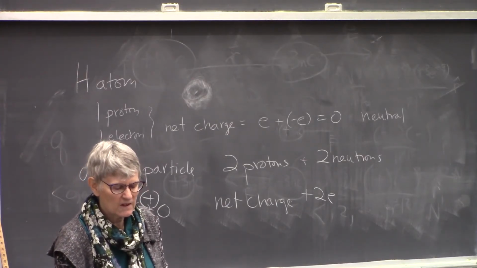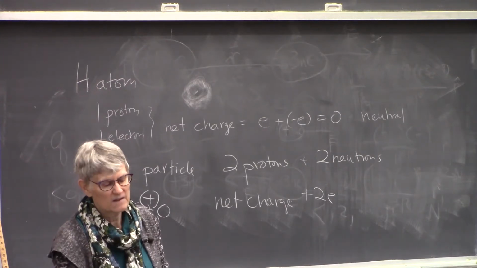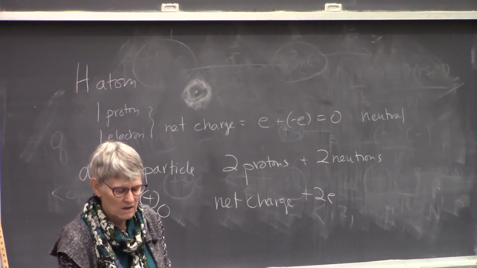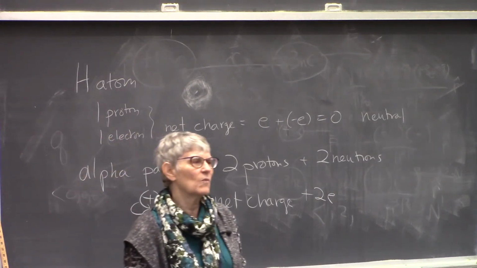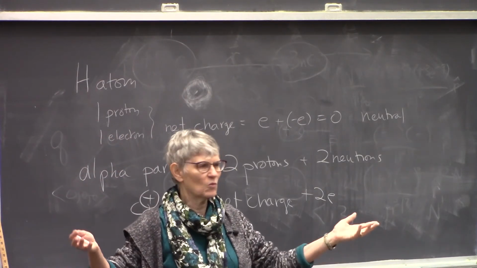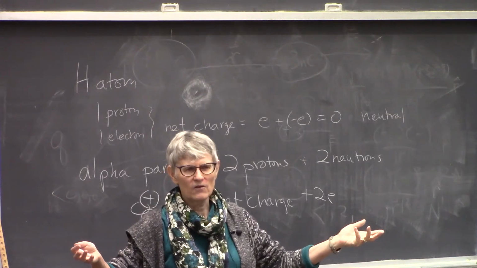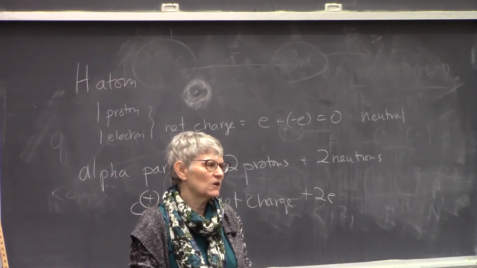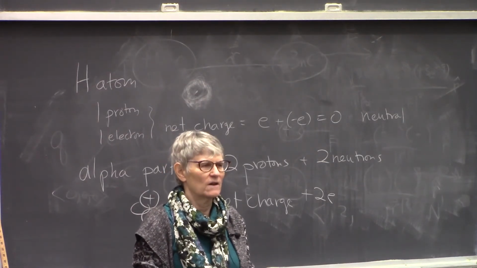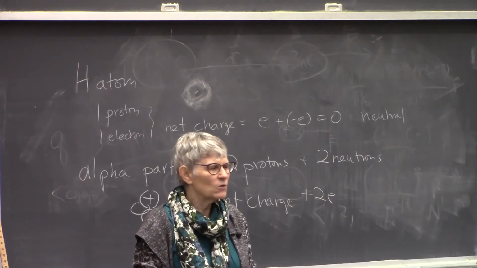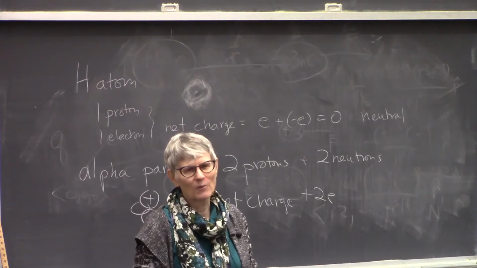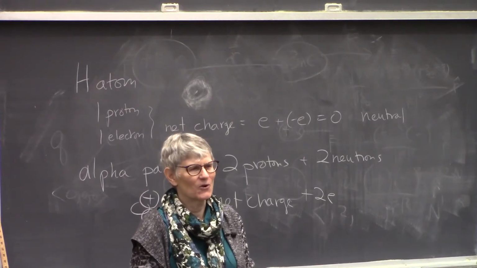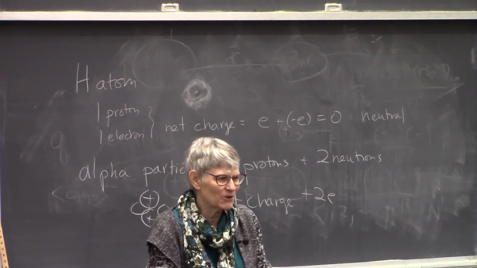So there are lots of things that have non-zero charge. Most of the objects in this room right now have a net charge of 0 because electric forces are pretty strong. And we would notice if we were repelled by the chairs or attracted so strongly we couldn't get up.